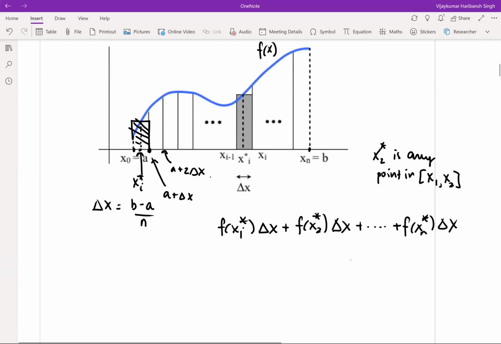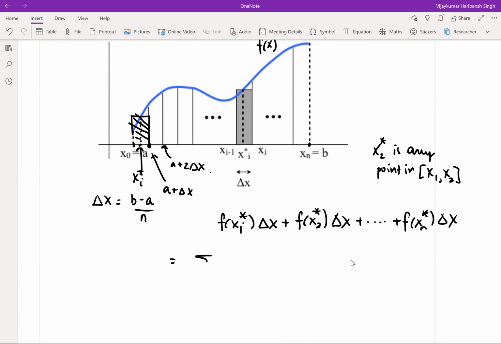If I write this in the summation notation, I get summation i going from 1 to n of f of xi star delta x. And when you take the limit as n goes to infinity of this, you get the actual area, right? This thing will be defined as integral a to b f of x dx.